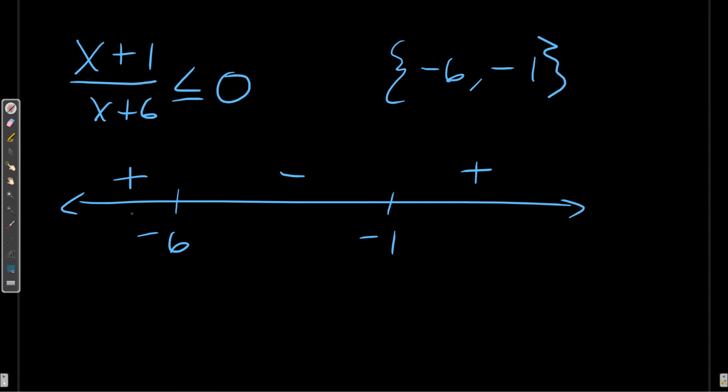You can verify that it's going to alternate because if you picked some number way over here like -10, then clearly you have a quotient of two negative numbers. And they want to know where this is less than or equal to 0. And one thing I did not put was that it was undefined here, but it was 0 here. So then my interval would include -1, but not -6.